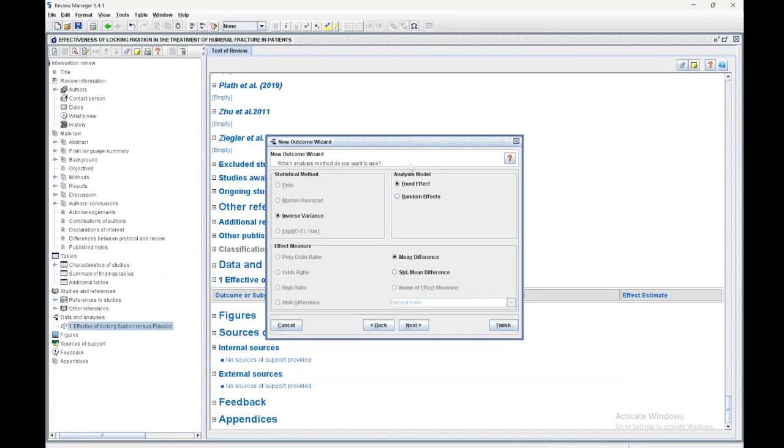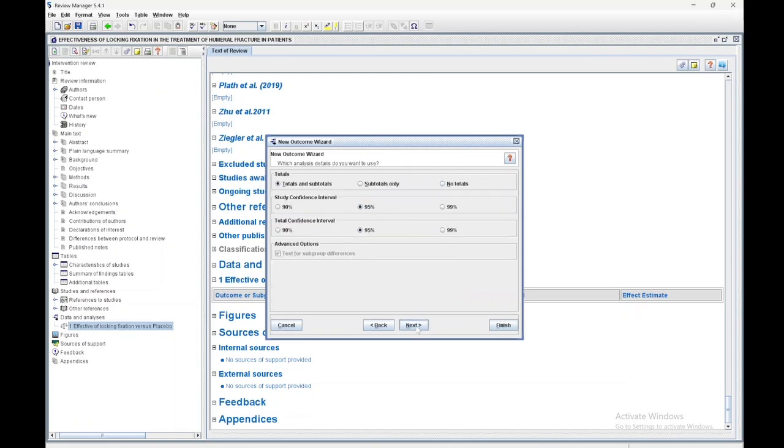Remember, we differentiated it from our effect measure. All these are effect measures: odds ratio, risk difference, mean, and all that, right? So I think there might be some kind of differences here. Well, it doesn't really affect so much. I can choose a random effect, mean difference, maybe if they are having the same scale, okay? Then I'm going to click on next.